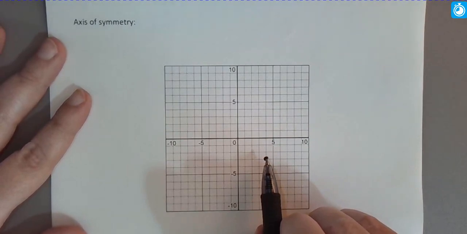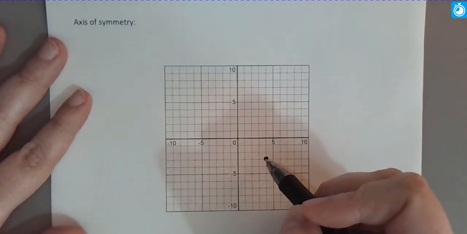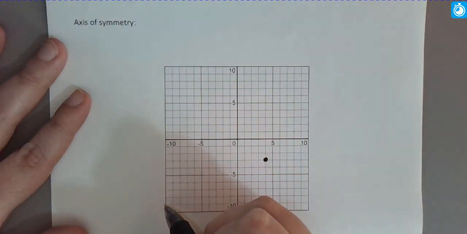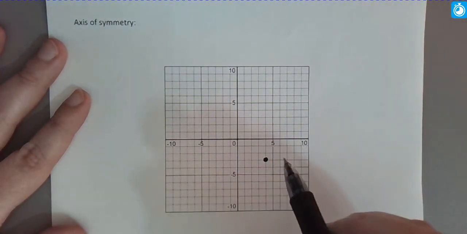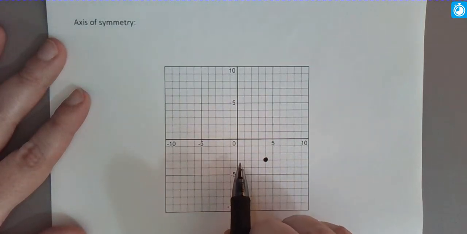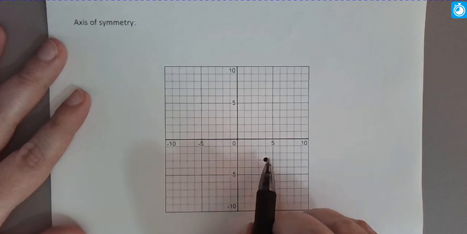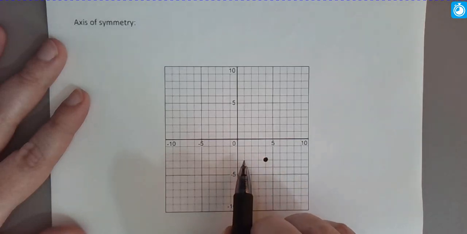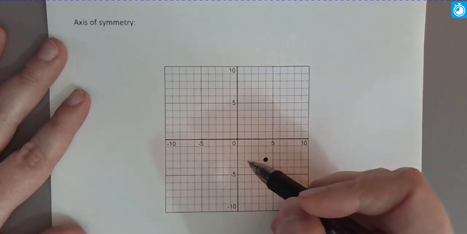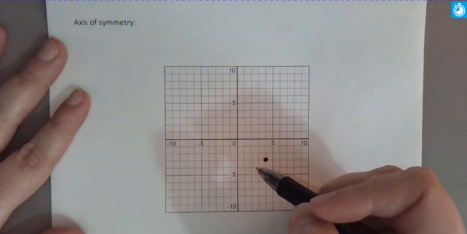Based on the orientation we determined, everything else is going to open up to the left of this particular point. Okay, so that's going to be important. So from the vertex, the focus is always going to be inside of the parabola based on the direction in which the parabola is opening.